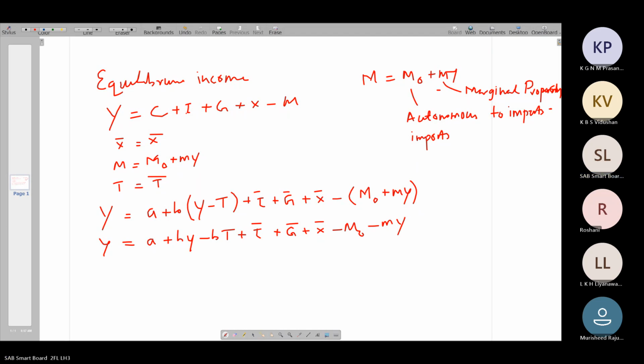You take Y to this side: Y minus BY plus mY equals A minus BT plus I plus G plus X minus M0. Now Y is common: Y times 1 minus B plus small m.